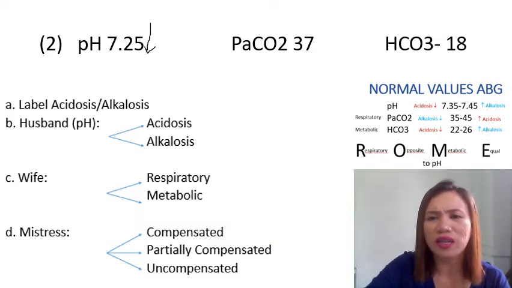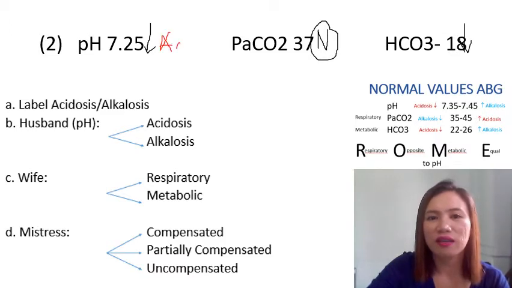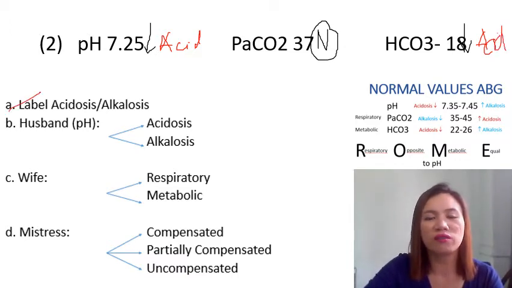Carbon dioxide is normal. Next, bicarbonate is decreased. So pH decrease is acid. Bicarbonate decrease is acid as well. All right, we've done the first step.